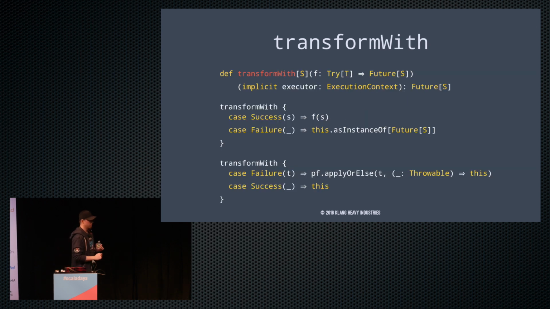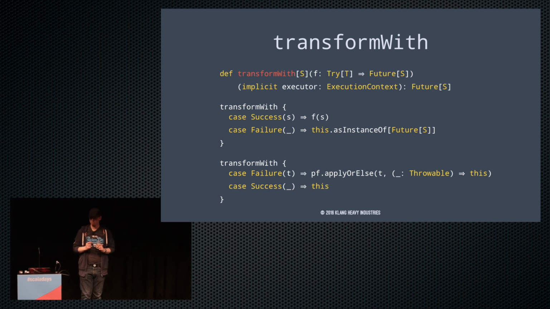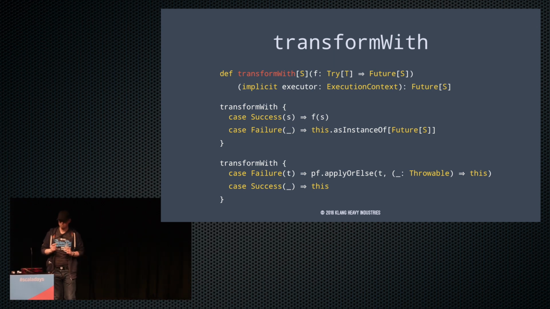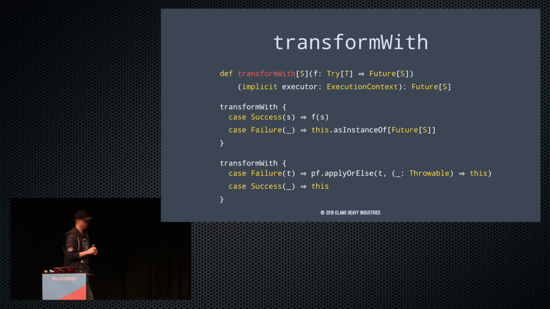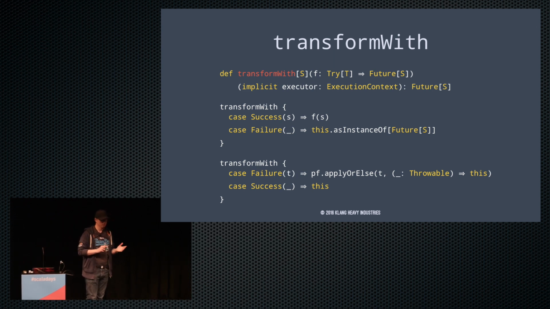Turns out that there is another interesting function called transform with that is new. Right? What's this? What are these two seemingly weird things beneath the declaration of the method? Any takers?